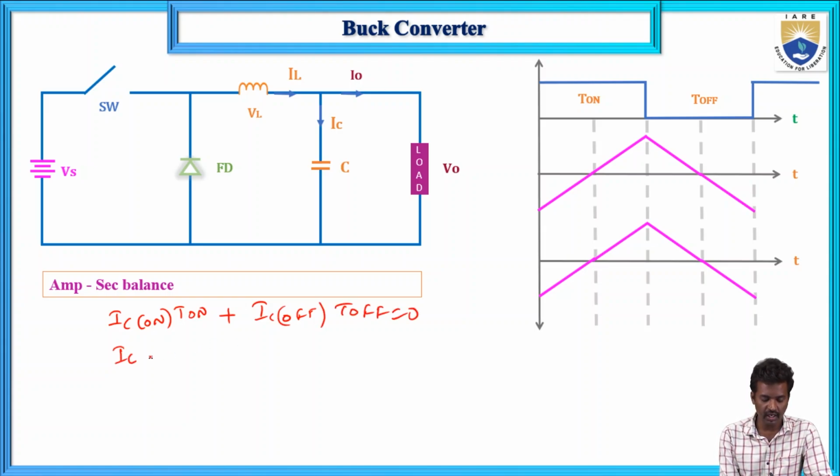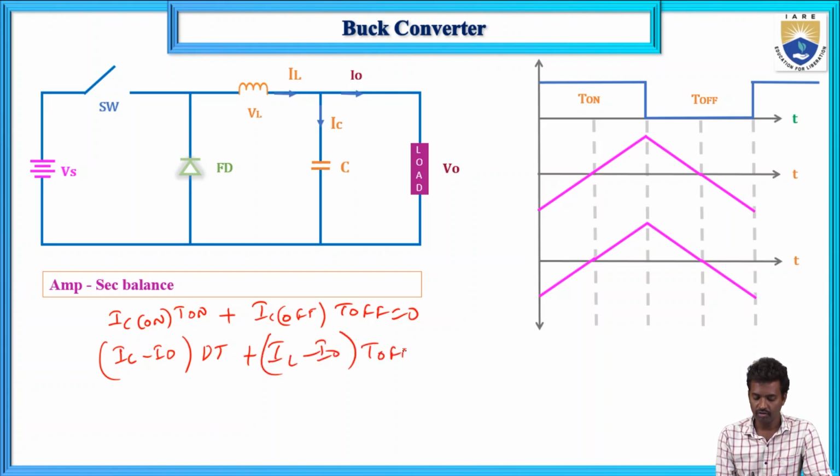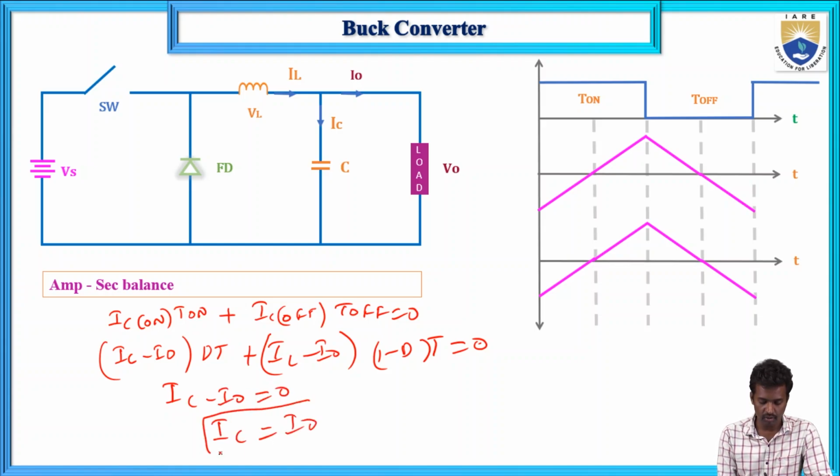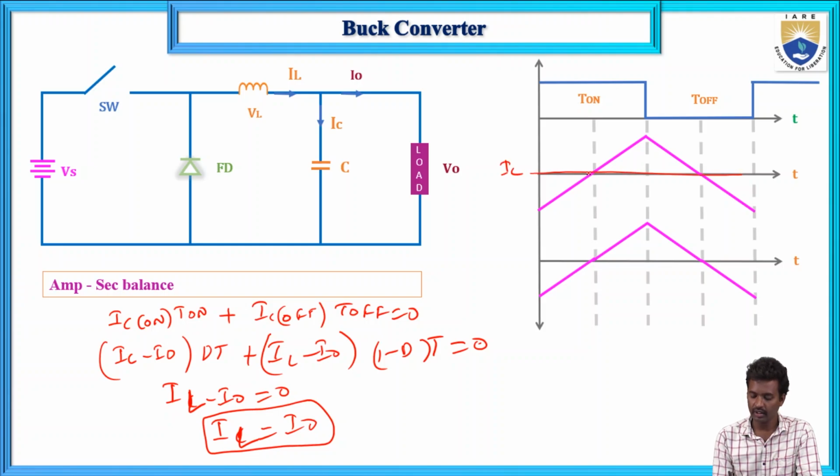IC on means (IL minus I naught) dt, plus (IL minus I naught), that is also the same, T off, that is (1 minus D) dt, equals 0. So now if you take the common, IC minus I naught equals 0 and next IC equals I naught. This is the conclusion. So not IC, IL equals I naught. Here inductor current IL equals I naught. So this is the condition.